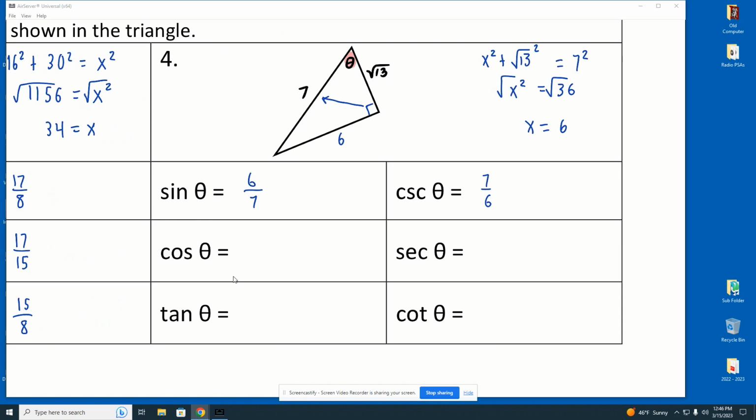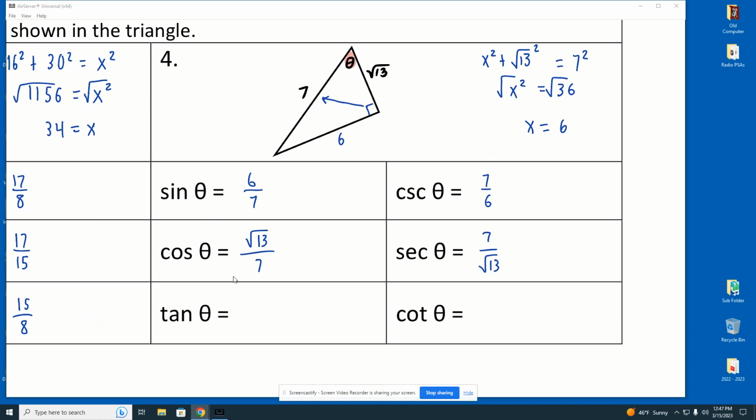Easy. Cosine, A over H. Adjacent over hypotenuse. So for secant, I flip it, and it's 7 over the square root of 13. Yeah, I'm going to explain that one in just a second, because I really personally don't care.